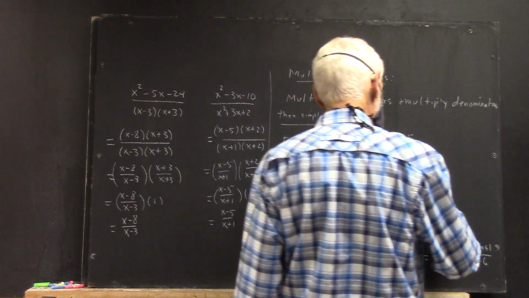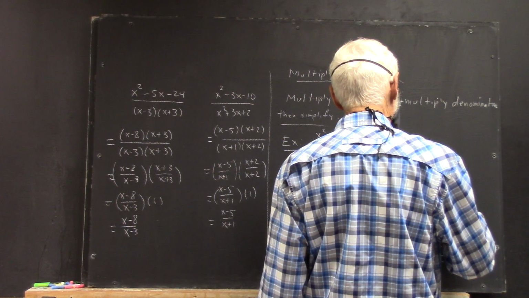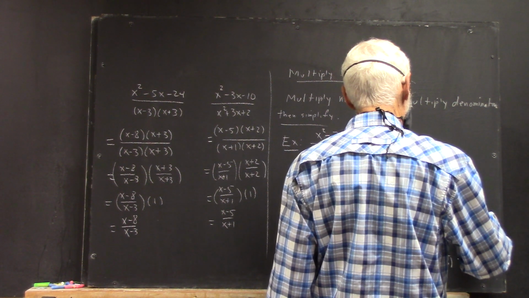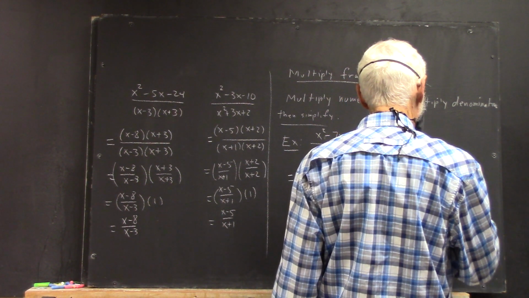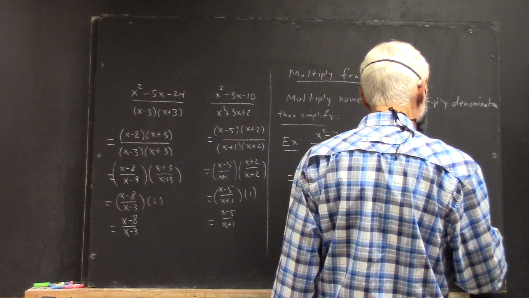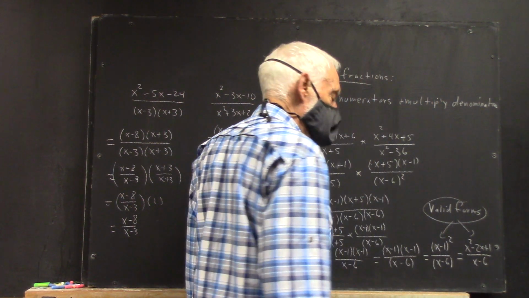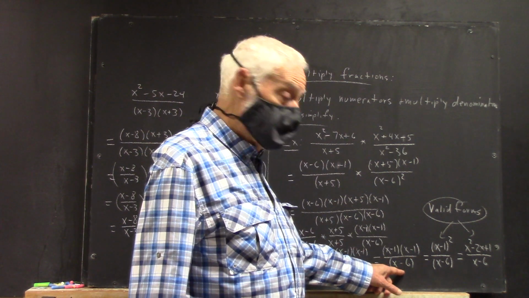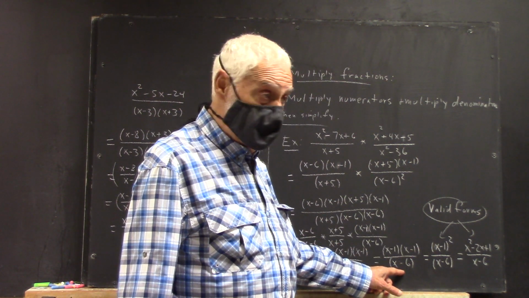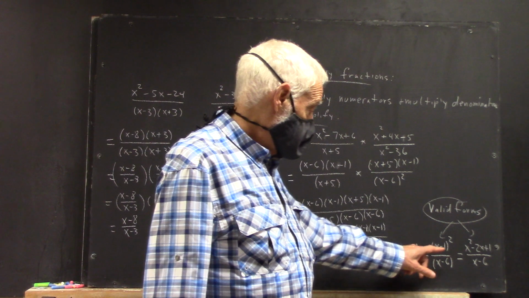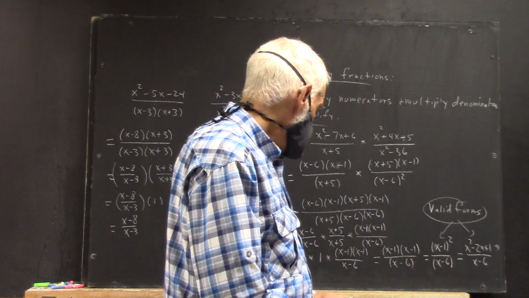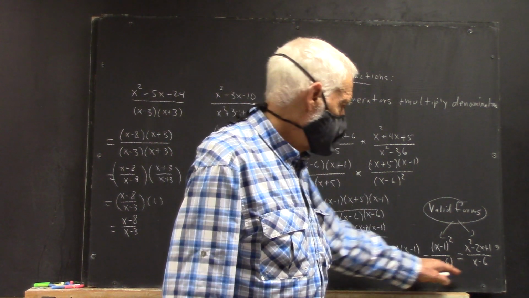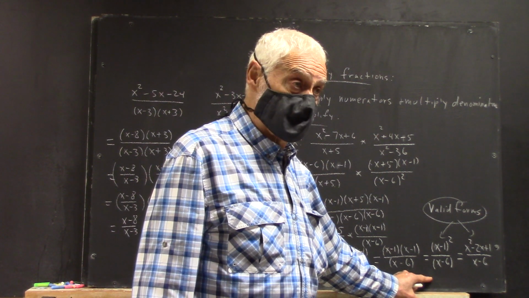So right now I would say that these are both valid forms. This one's sort of valid. It's good to write this out to remind yourself what you've got. But this form and this form, this would be the expanded form, this is the factored form. Okay?